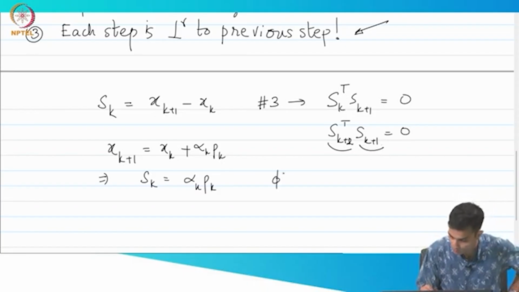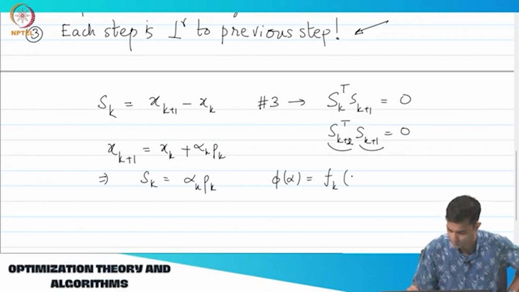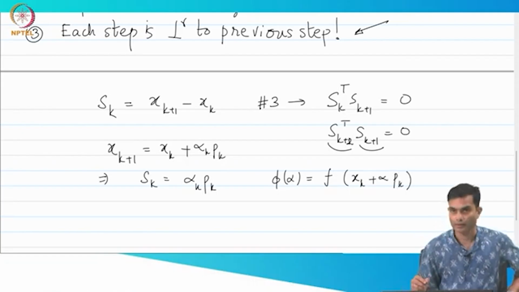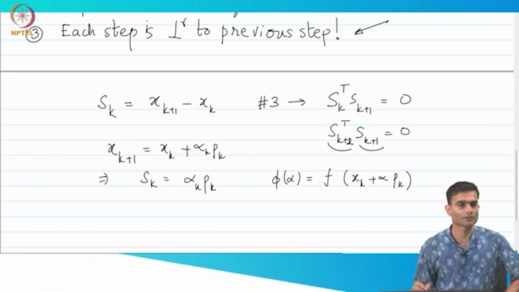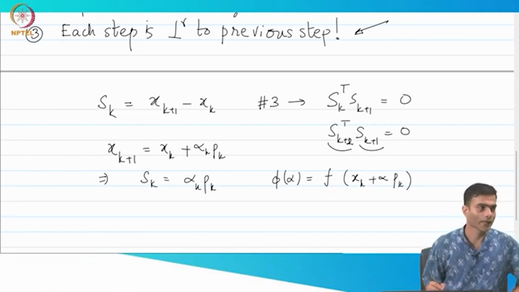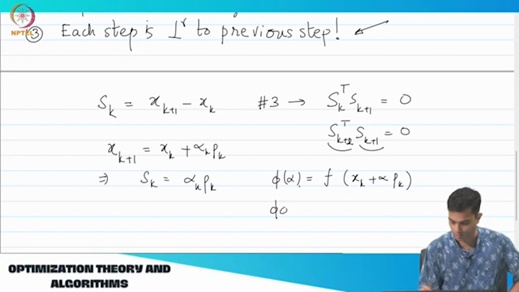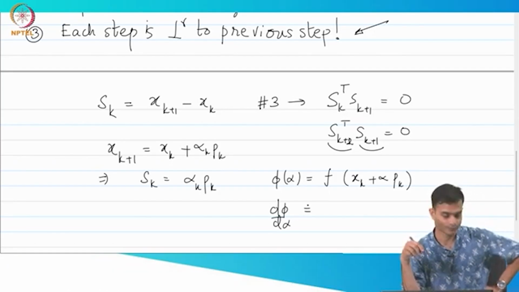Now, what was my phi of alpha? This was simply f of xk plus alpha pk, right. This is the one-dimensional function that we had defined earlier, and when I took d phi by d alpha, can someone recall what that was?